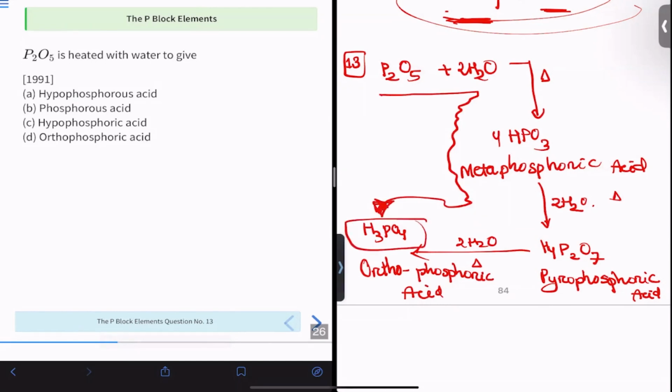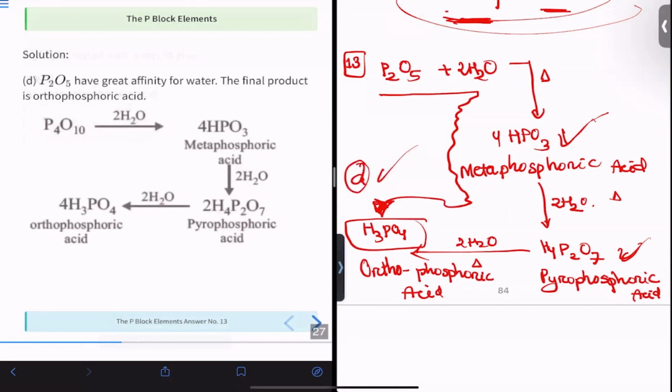If you want to remember, remember the intermediates too, because they might ask about the intermediates in your future exams. It's better if you remember the intermediates and the final product also. The final product is H3PO4. H3PO4 is orthophosphoric acid, option D.